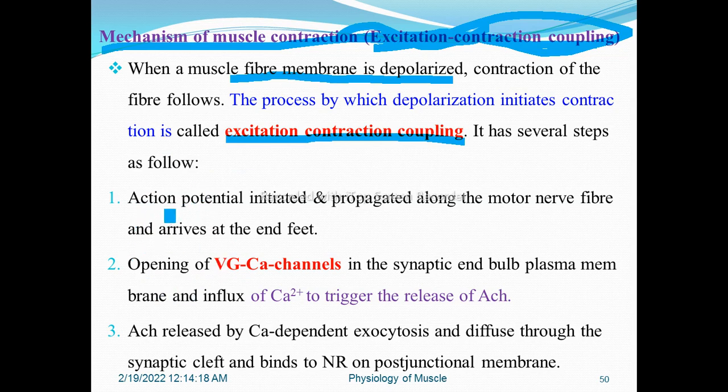The action potential, or nerve impulse, is initiated and propagated along the motor nerve fiber and arrives at the end feet, that means the end motor plate. Then voltage-gated calcium channels open in the synaptic interval.